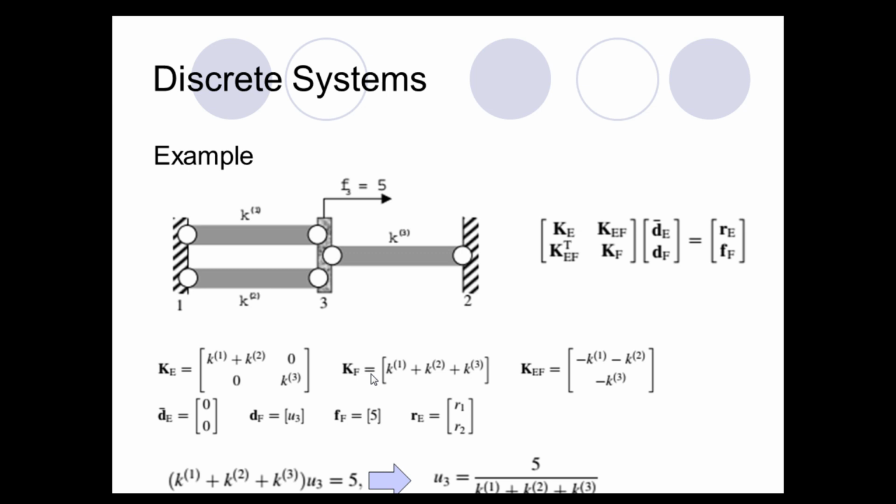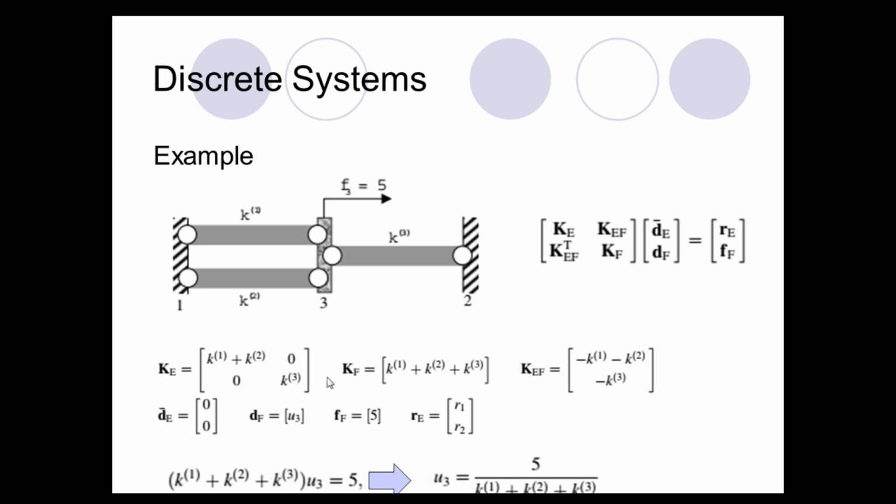This is associated with the free nodes, and we have the matrix which couples the essential nodes with the free nodes. Okay, we have the displacements in the essential nodes also. We know the values. We don't know U3. We know the force FF, and we don't know the reaction forces RE.